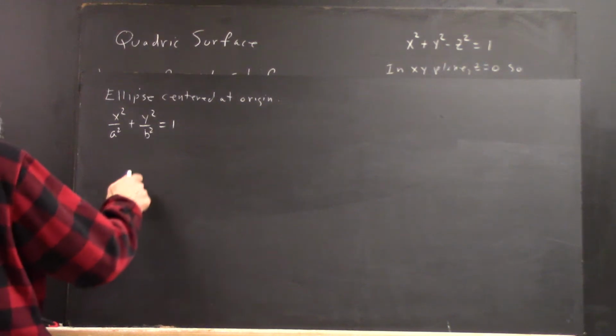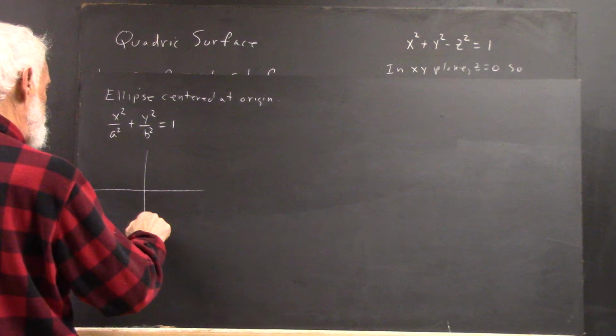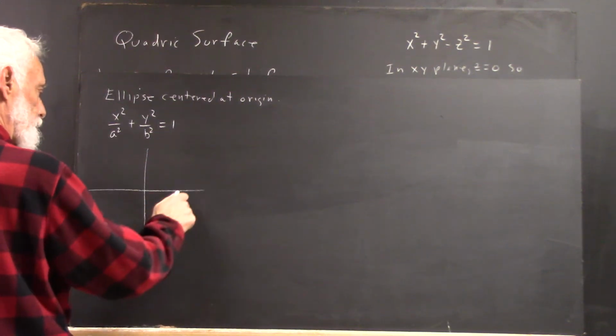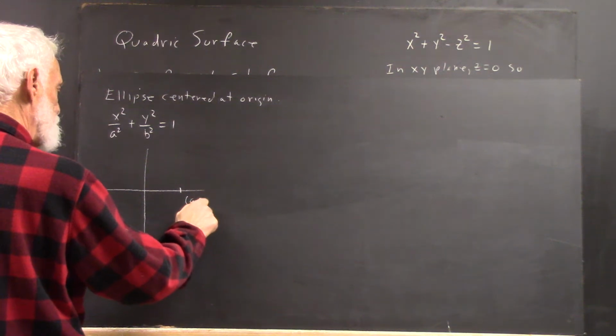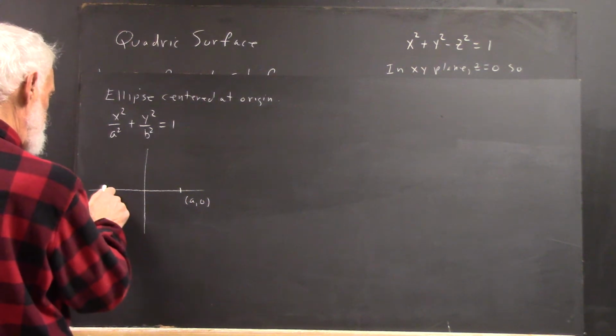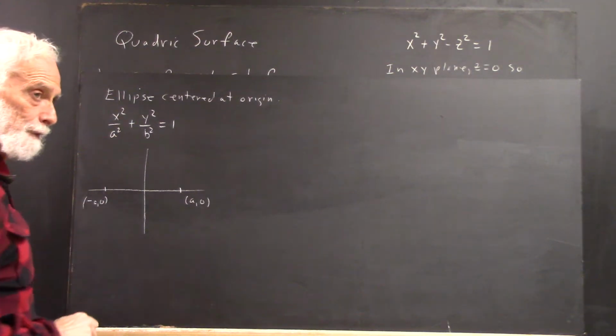Okay. Well, what I do is I say, okay, here's the point (a, 0). Here's the point (negative a, 0). Okay?